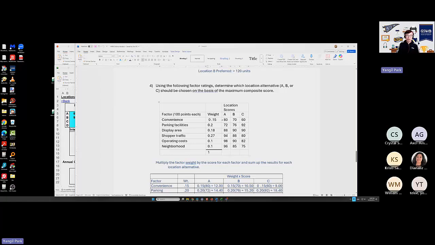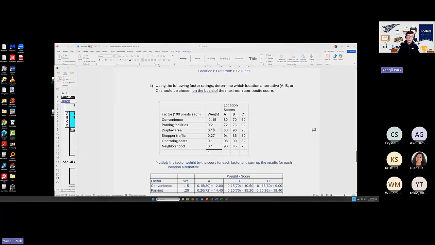So all you do is just multiplying by weights. But we are not adding across, right? Because there are different locations. We are adding vertically. So location A has those 6 factors. We multiply those numbers each, just like that. 1.8 by 88.